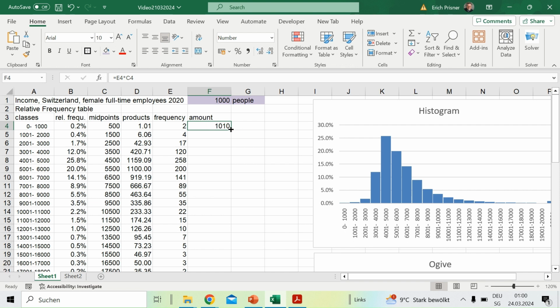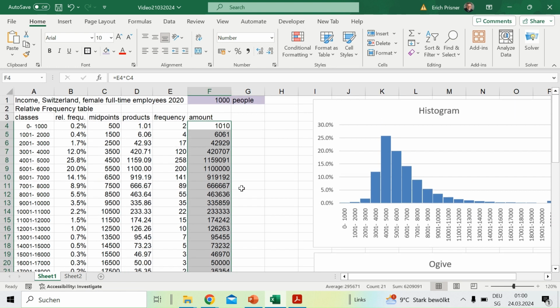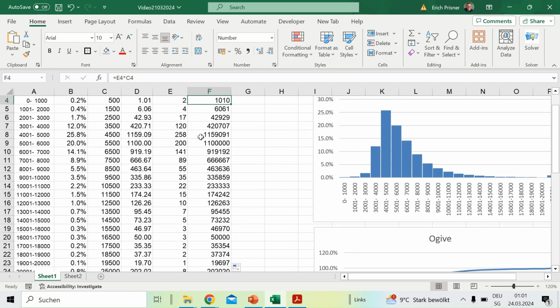So I take this formula, I pull it down, and up to here. And you see, of course, this first group has a very small amount, 1,000 francs per month. If you go to the groups which are very popular, I mean, 25%, 20%, so we have 258 people in this one, of course, they get, what is it, 1 million each.